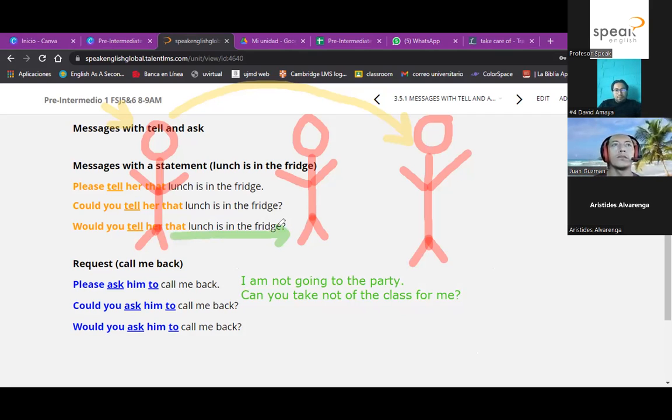But in today's class, we are going to learn how to send a message to a third person, a una tercera persona, but we are talking to person number 2. So let's imagine, I am talking to David, but I want the message to get to Juan. So we have this sentence over here.